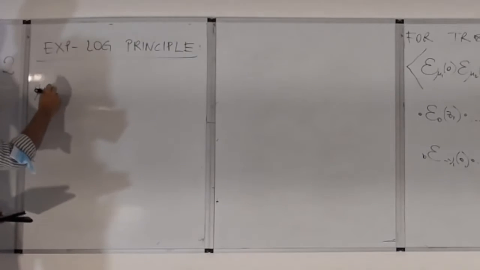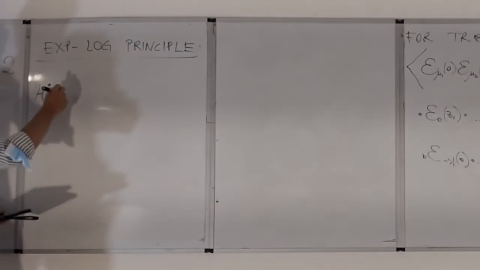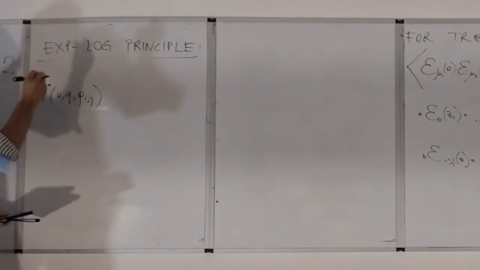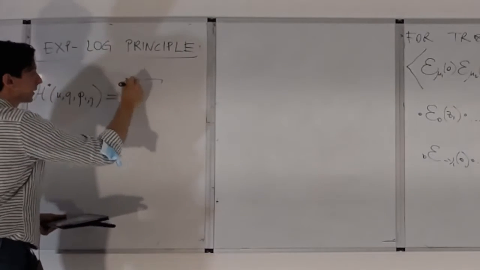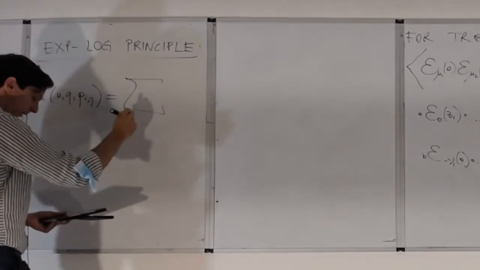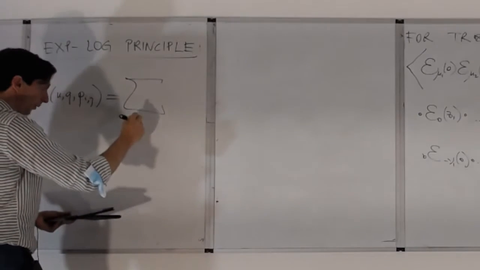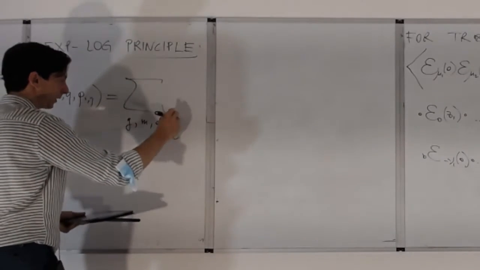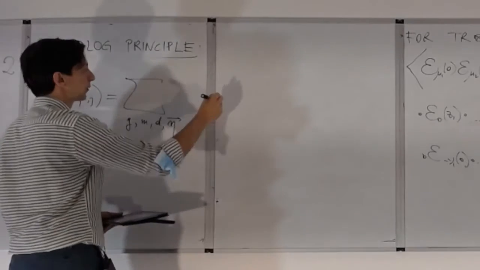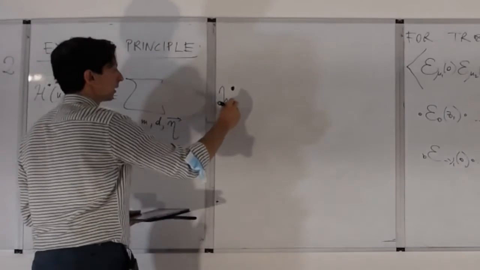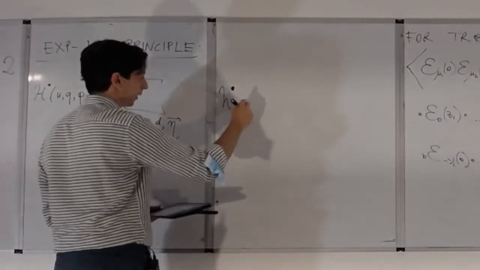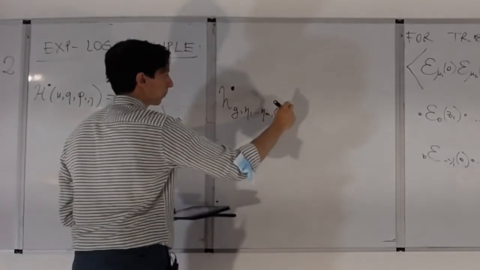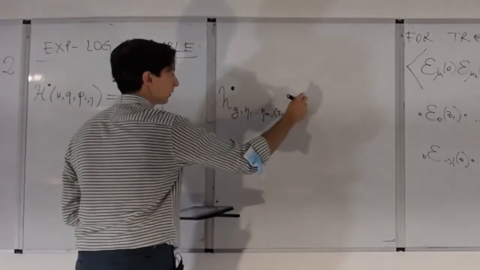So you want H that is a power series in u, and then in q, and then you have these p_i's. And you want to define this as a big sum over g, then you have m, then you have d, and then you have your etas. And here you have your Hurwitz numbers, with all the eta. Then you have 2, 1, 1, 1, 1, 1 to the power some power b.